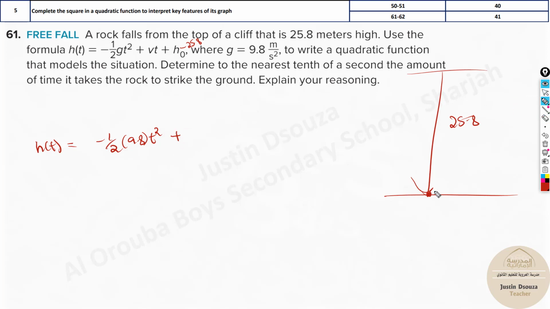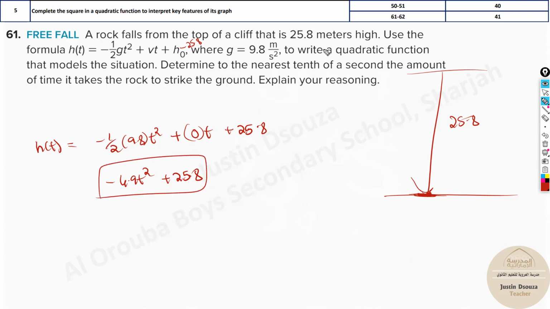What is the velocity when it's touching the ground? It's zero, right? It's at a state of rest. So 0 times t plus the height, 25.8. That's it. Now you just have to do simplification. It will be negative 4.9 t squared plus 0 plus 25.8.